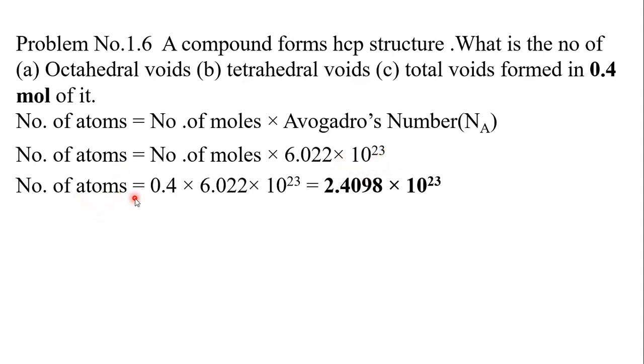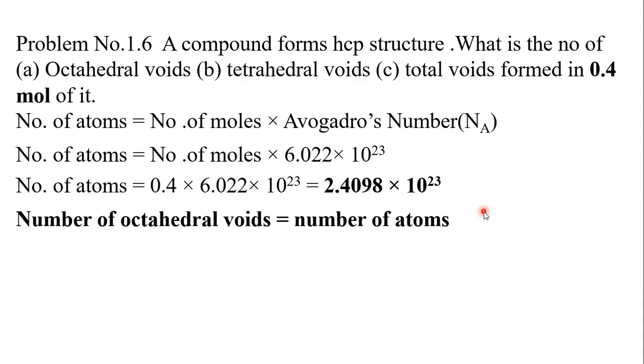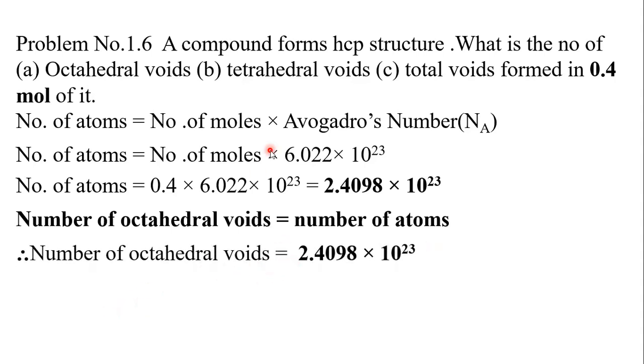So first we have to calculate the number of atoms. So 0.4 into 6.022 into 10^23, and this multiplication is equal to 2.4098 into 10^23. That is what? Number of atoms in 0.4 mole of the compound. From that we can calculate octahedral voids, because what is the relation? Number of octahedral voids is equal to number of atoms, and therefore number of octahedral voids in the compound is equal to 2.4098 into 10^23.